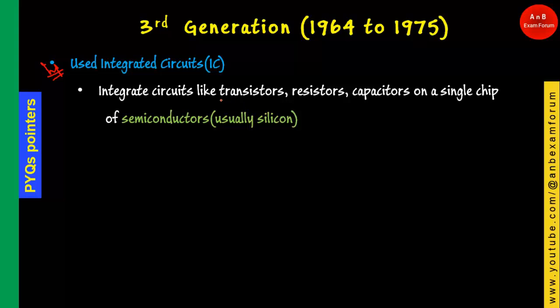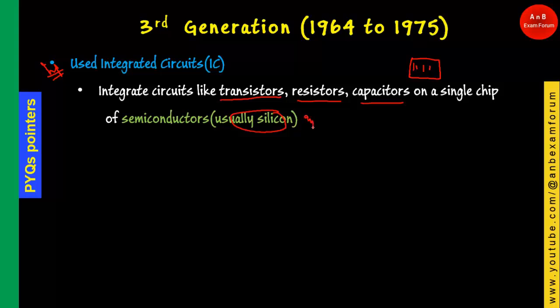It integrates the transistors that were used in the second generation along with resistors and capacitors on a single chip. Okay, so on a single chip, they have integrated all these electronic components. And what material are they using? It is semiconductor. So sometimes they ask what type of material is used in IC. It is semiconductor, and usually silicon is used.